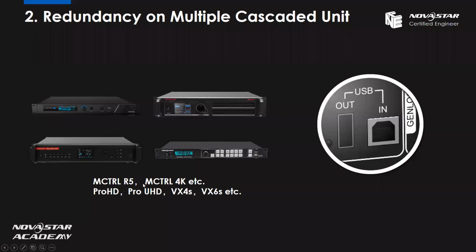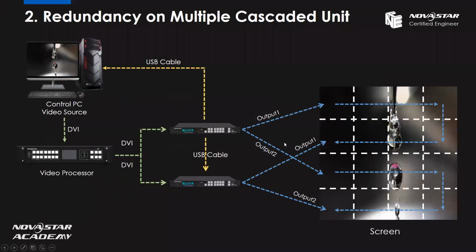So MCTRL R5, 4K, Pro HD, Pro UHD, VX4S, VX6S are all using the USB cable to do the cascading.